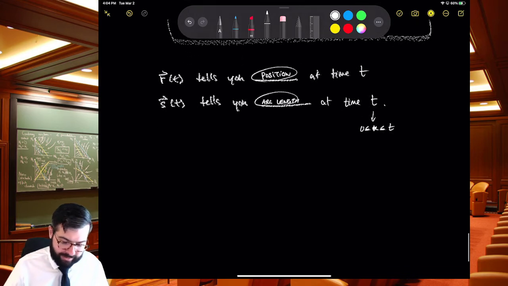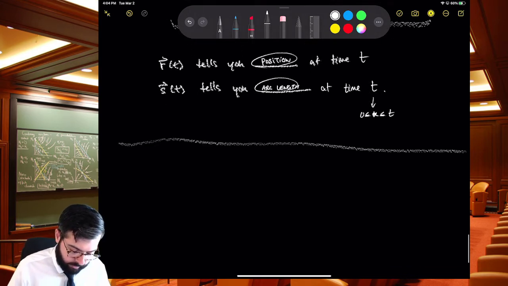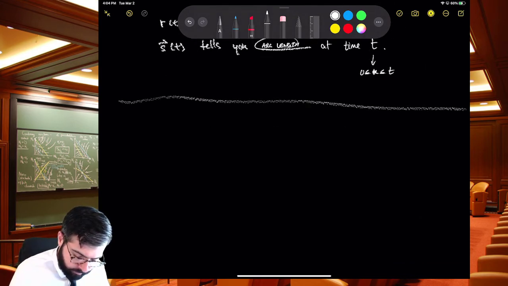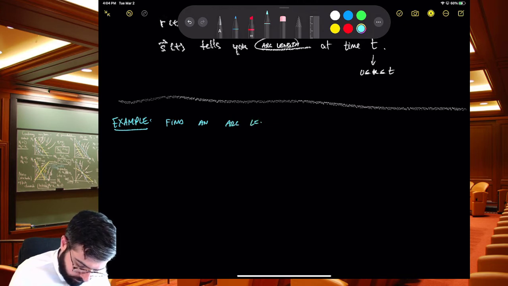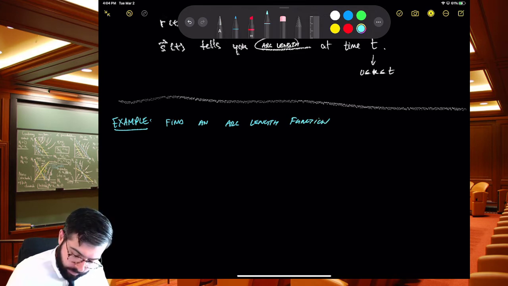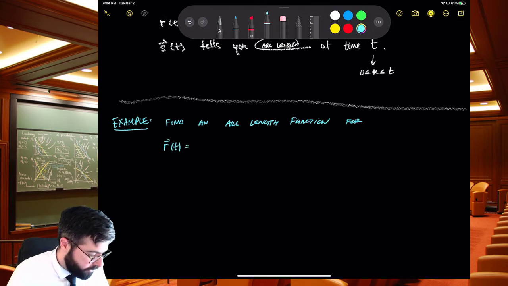So let's practice that idea. Find an arc length function for, again, some position vector function.